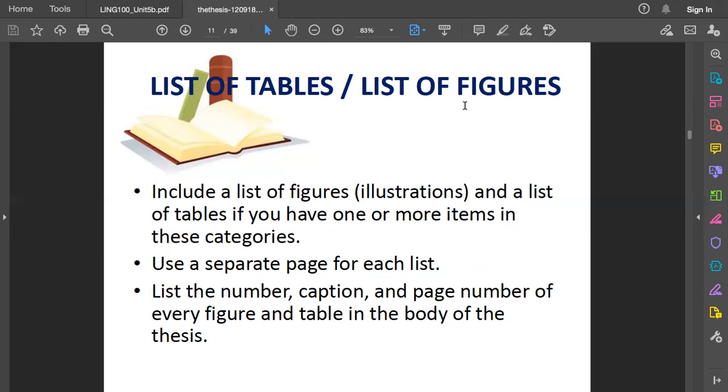Or if you're a pair, open the thesis on the laptop of your thesis partner or group mate, and use another laptop to write and compose the list of tables and figures, and also the table of contents.